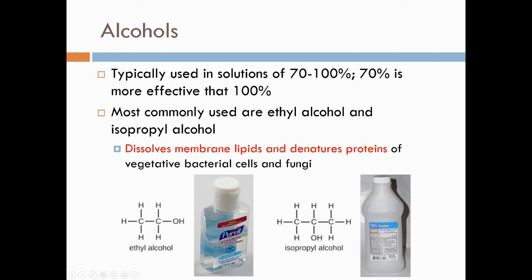They dissolve membrane lipids and denature proteins in vegetative bacterial cells and fungus. Notice, not on endospores. You notice it in the staining process when we decolorize. We decolorize using alcohol, and that breaks down the membrane lipids.